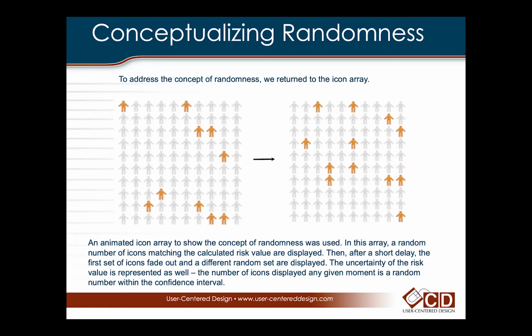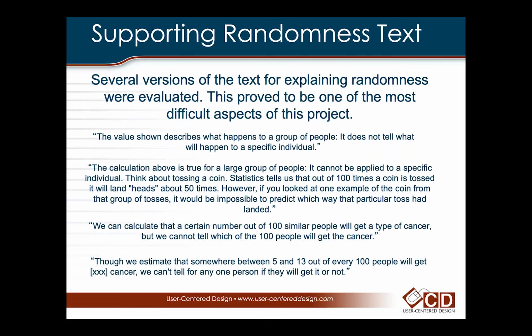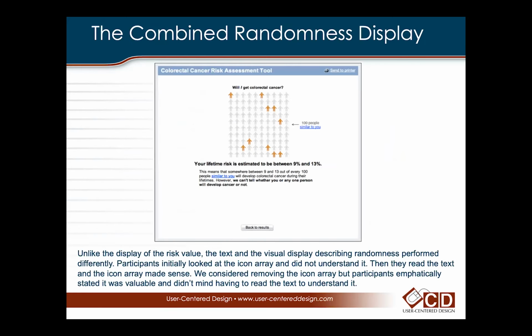And so we went back to the wording and we discovered that we needed some words that would describe that. We went through the same process and we found the phraseology we wanted, and we combined those two together. And what we found was that if the two were together, everybody understood it. We actually tried without the visual and they didn't quite understand what we were saying.